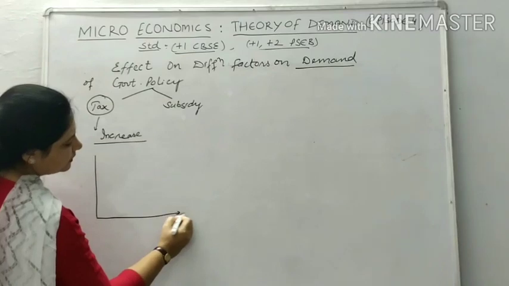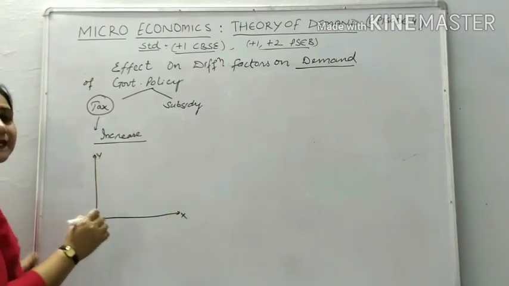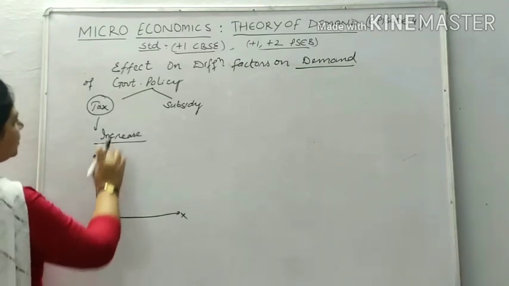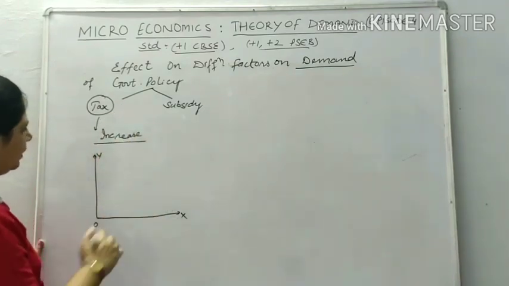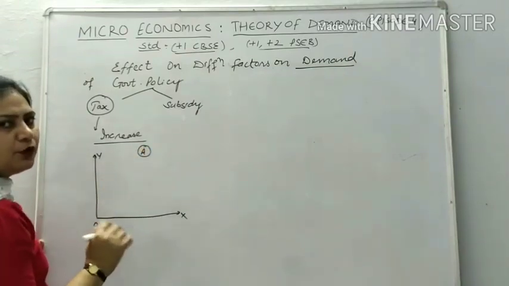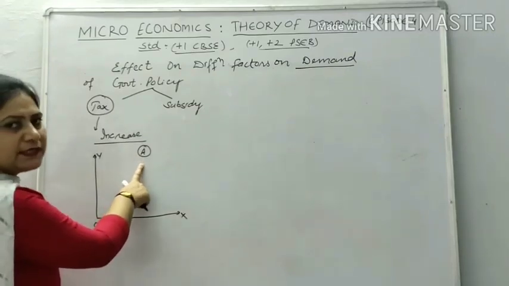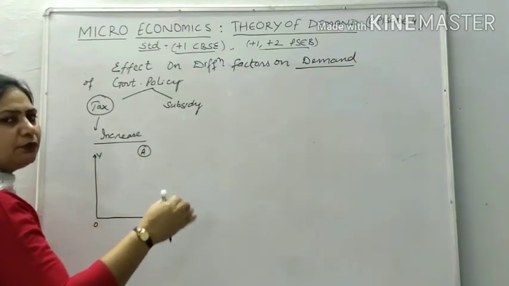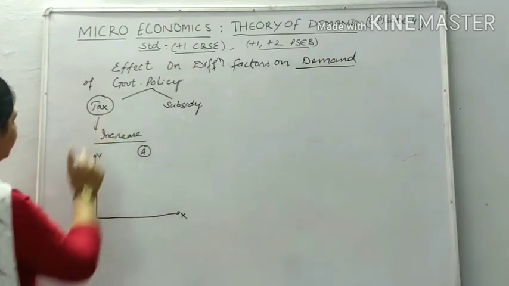Direct taxes means income tax, and indirect tax means sales tax. Suppose there is heavy tax or increase in tax on consumer A. We are going to see the effect on consumer A's demand for a particular commodity because of the increase in tax.